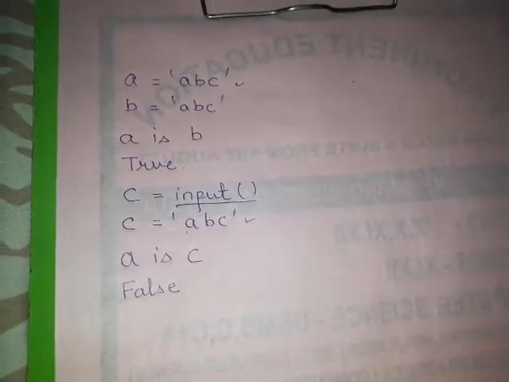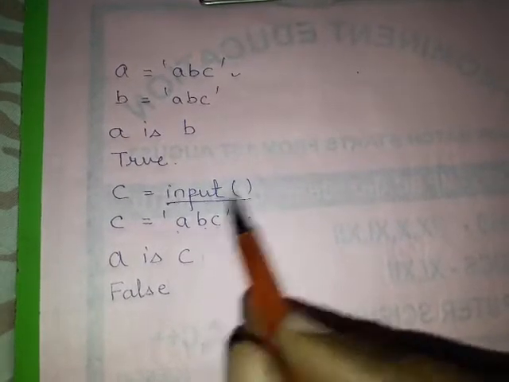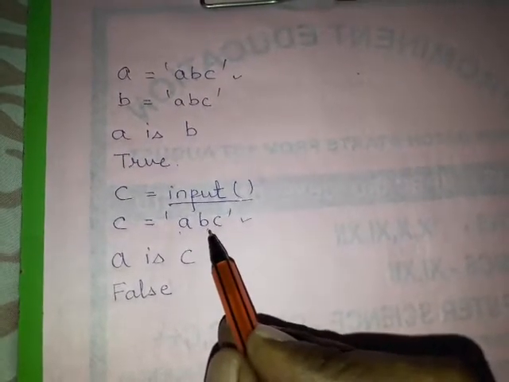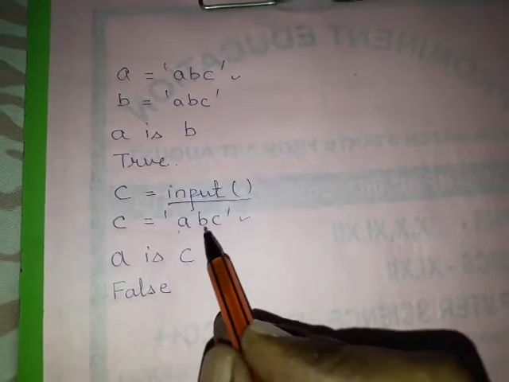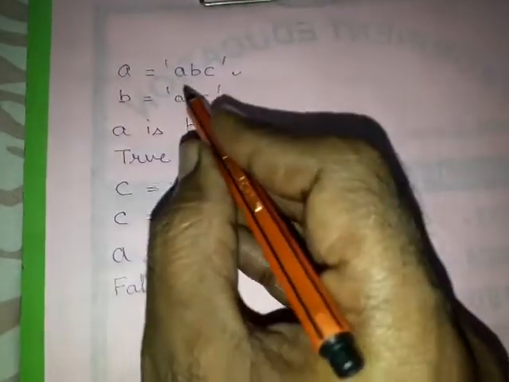So what does this mean? It means the memory referencing in case of strings, while you are assigning a value at runtime, the memory reference is not the same for this and this.